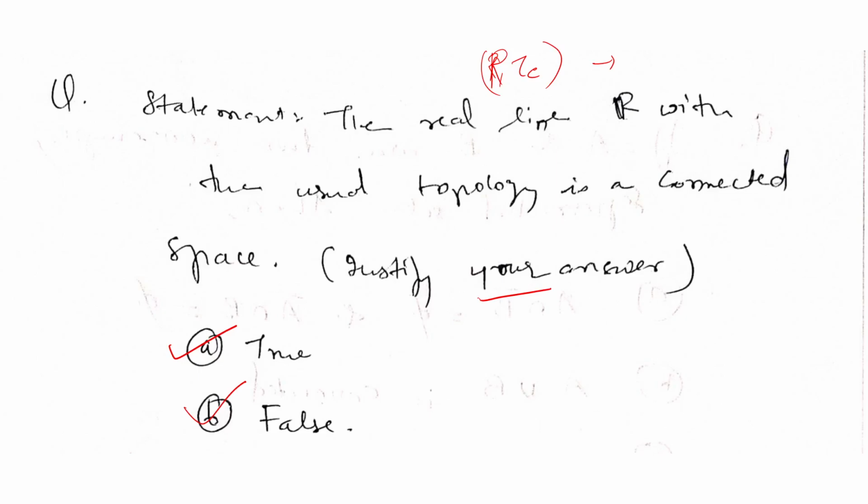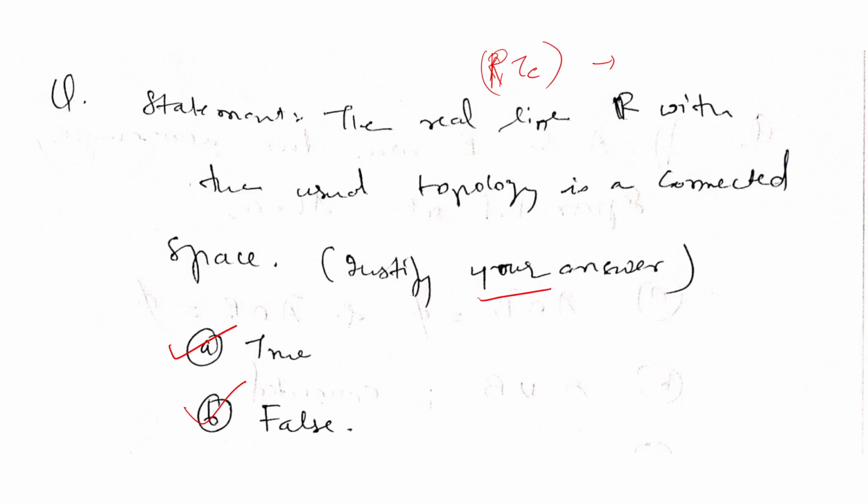By the definition, we have to prove that it is not disconnected, right? So how will we prove that it is not disconnected? Assume R is disconnected.